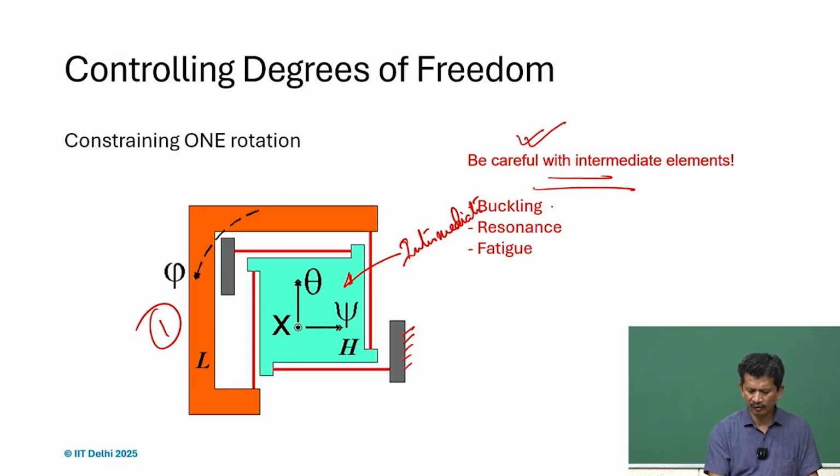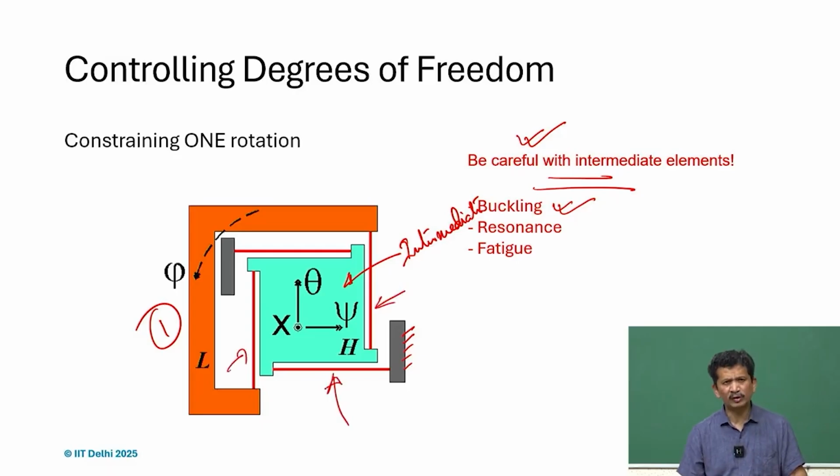Yes, of course, one of the things is the compliant members, the members we are using here to constrain, they are very thin structures, and under tension they might be okay, but if there is a compressive load coming to these members, they are prone to buckling, and we may have to take care of that.